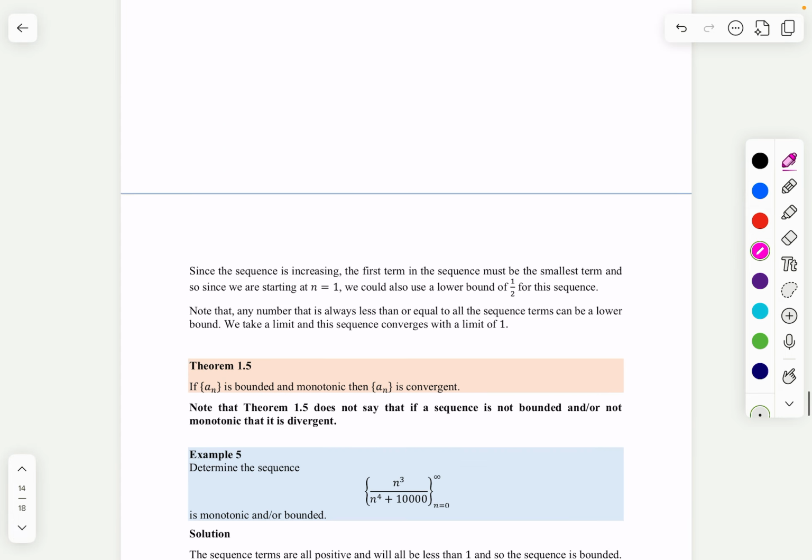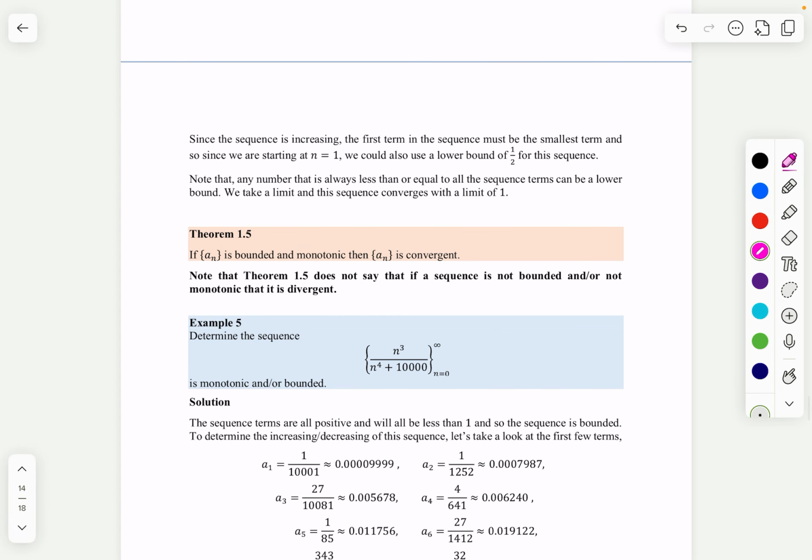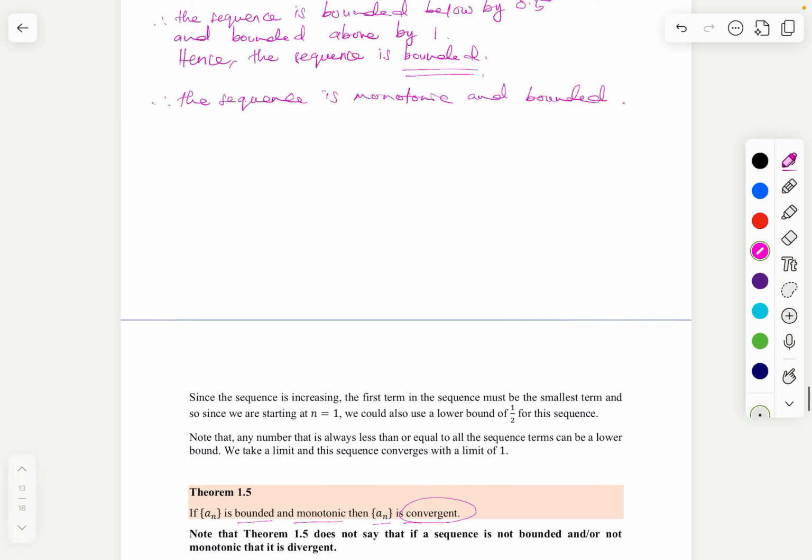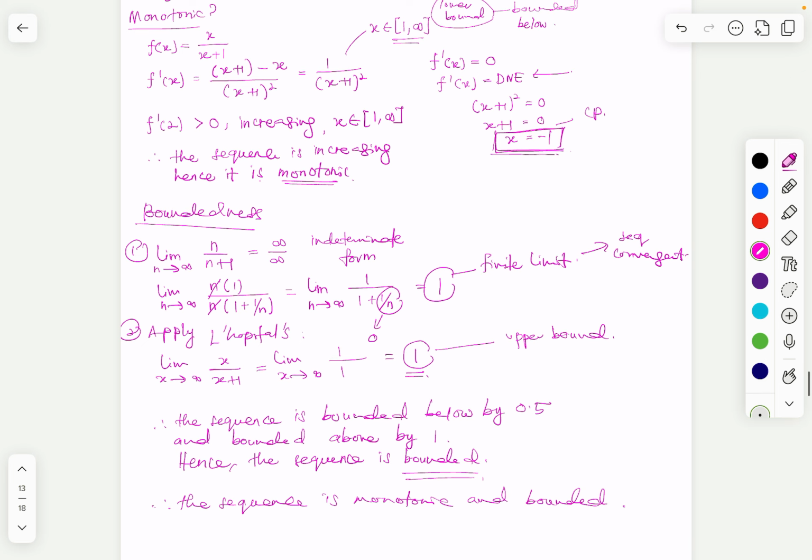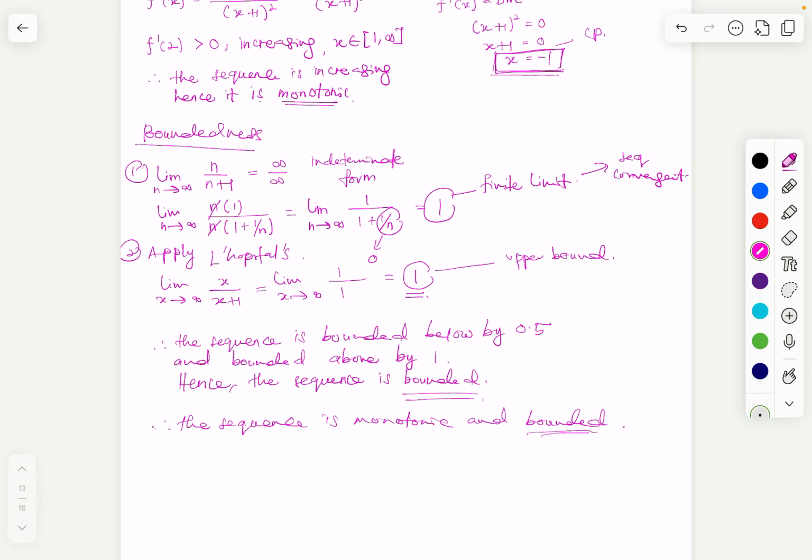We go on, we have another theorem, theorem 1.5. If a_n is both bounded and monotonic, then the sequence is convergent. Like the previous example, it is monotonic and bounded, then it is convergent.